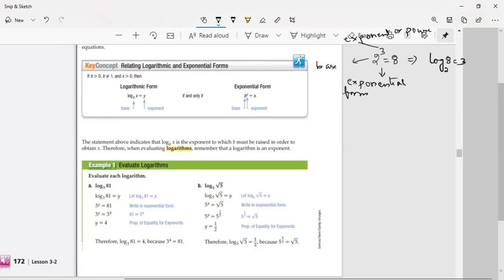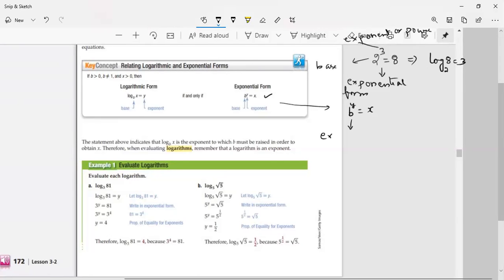Similarly, I will convert from exponential to logarithmic form in general. b raised to power y is equal to x. This is the exponential form.